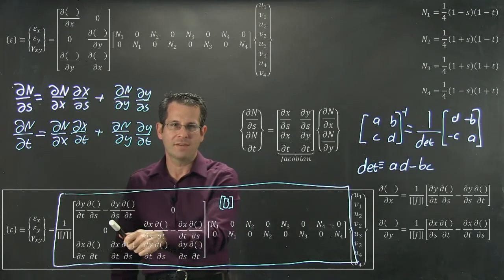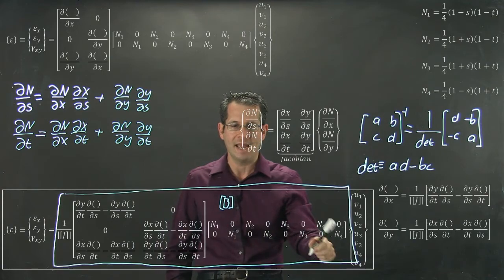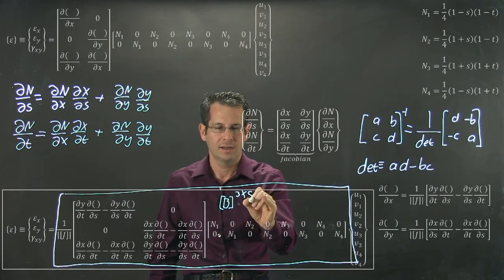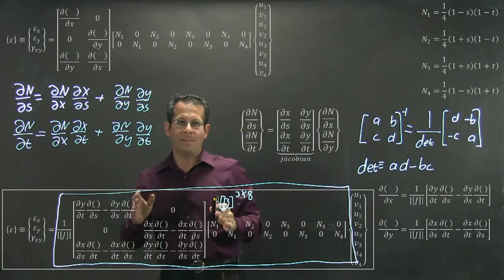Note here, I've got a 3 by 2 being multiplied by a 2 by 8. That means my B matrix, as I expect, will be a 3 by 8. All right, now I know what my B matrix looks like.